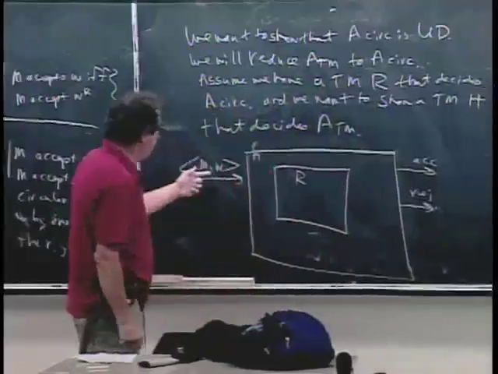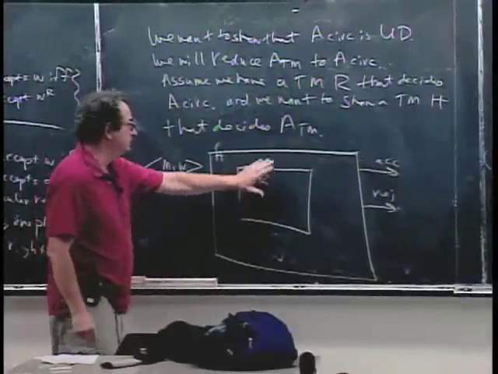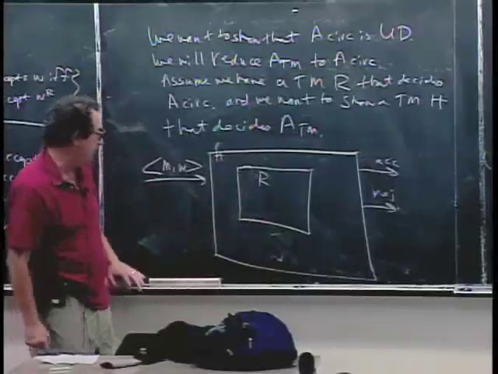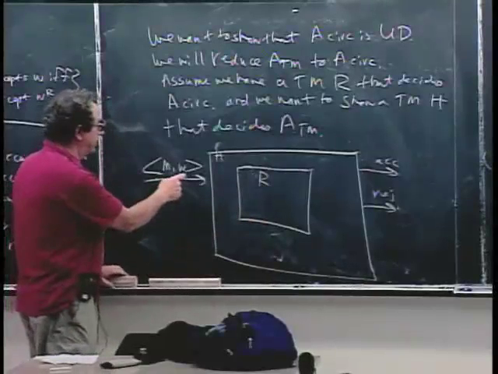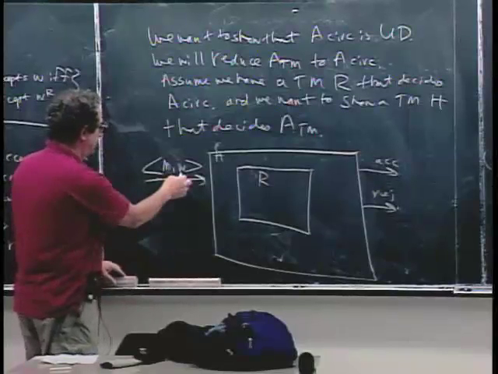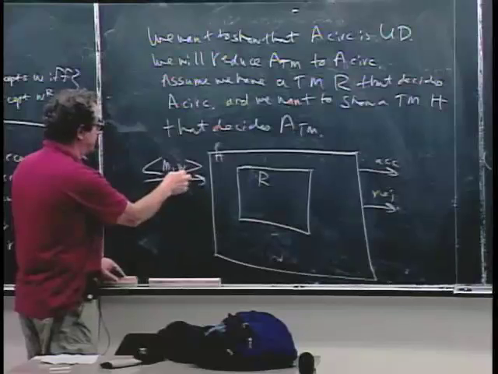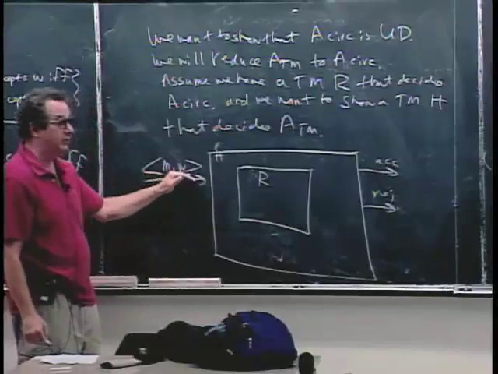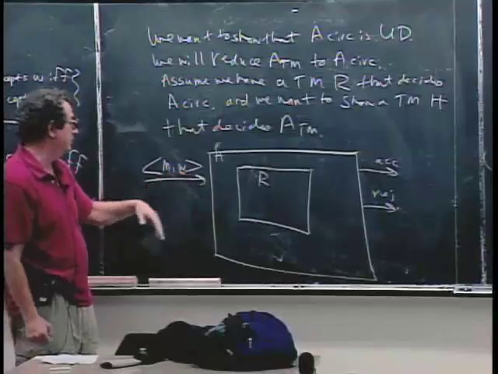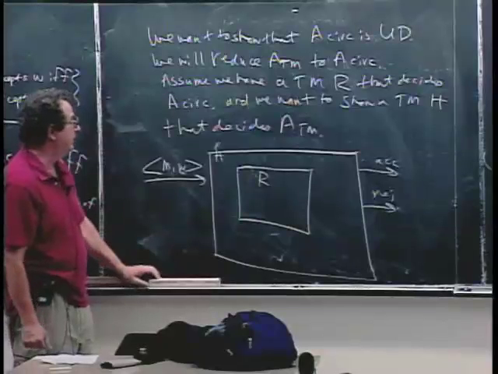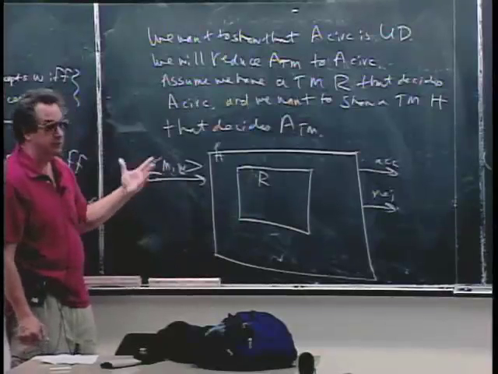Okay, so now we do have this decider R for circular rotations. Okay, and the crucial thing here is that we have W as a specific input. So in here is a machine and a particular W. In the language ATM, we want to know whether M accepts W. And if this is a decider, M accepts W or not.